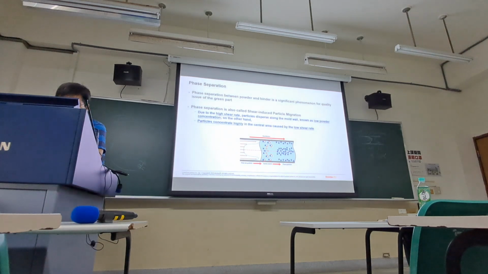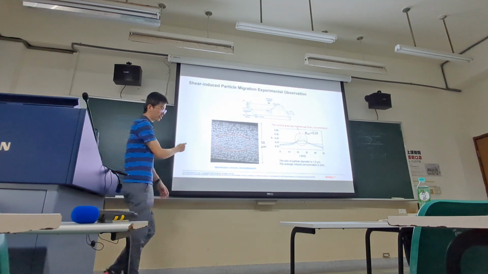So with high shear rate, particles will disperse, so we can have a low powder concentration near here. And particles may be concentrated highly in the central area due to the low shear rate.